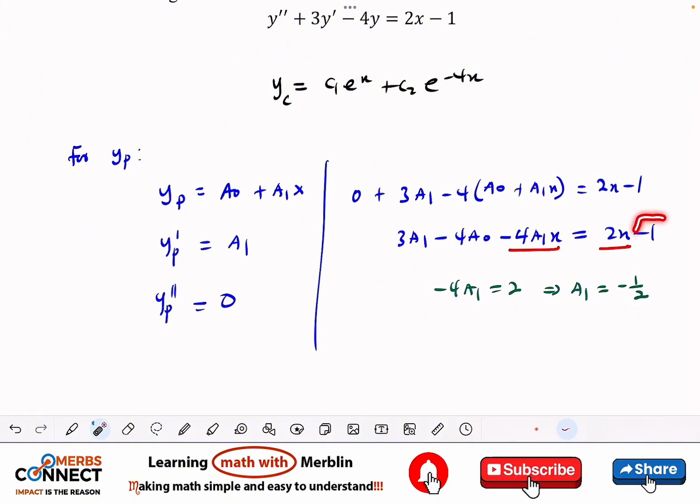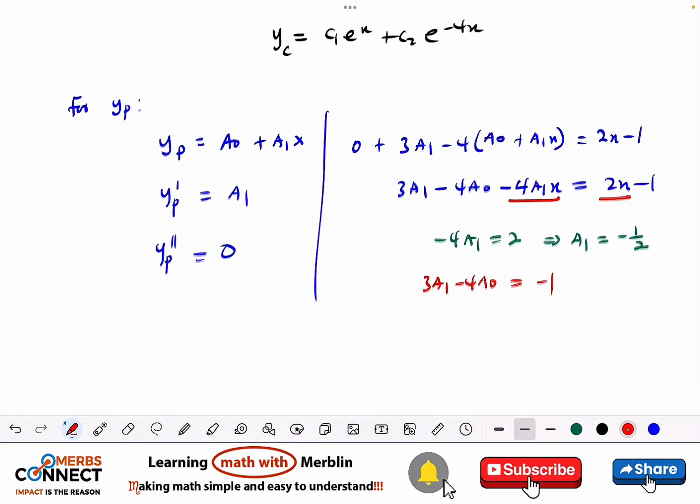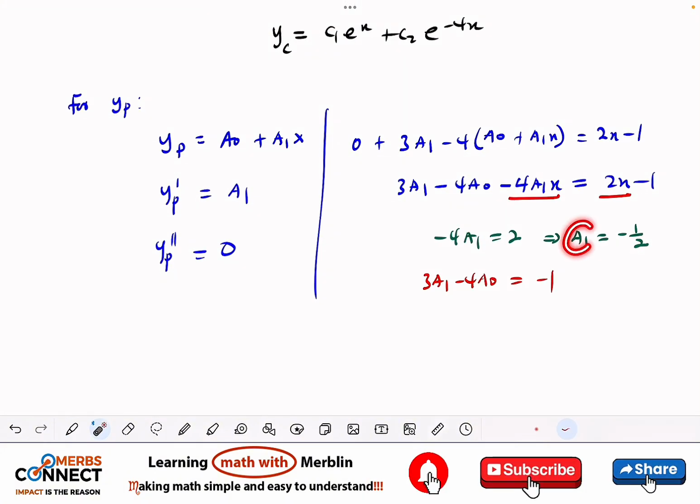And then this is a constant. There is no x. So we need to look for the terms on the left which have no x. Minus 1 is here, and this one has no x, so this is equal to this. So we are going to have 3a1 minus 4a0 equal to minus 1. Fortunately for us, we know a1 from here, which is minus a half, so we can plug it in.